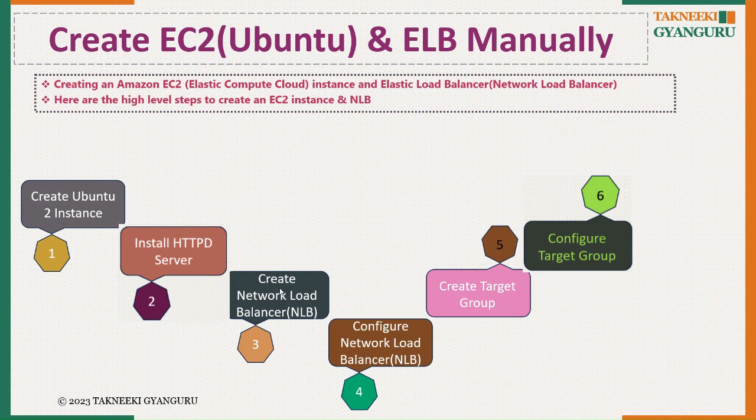This kind of configuration we have to make in the target group, and then we will register the targets. There are multiple things we can target, like EC2 instances, the application load balancer, or lambda functions.